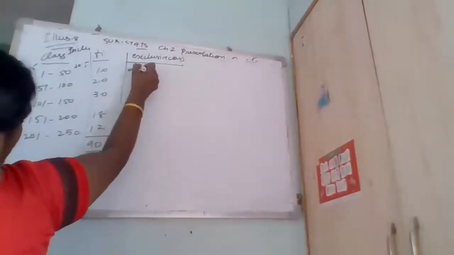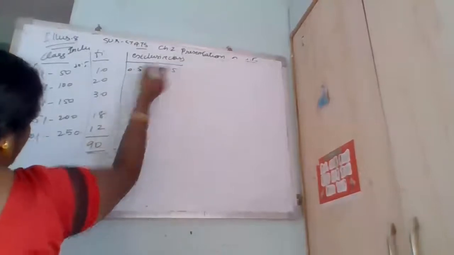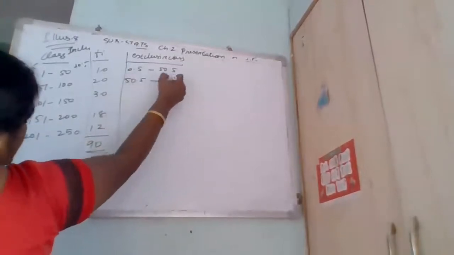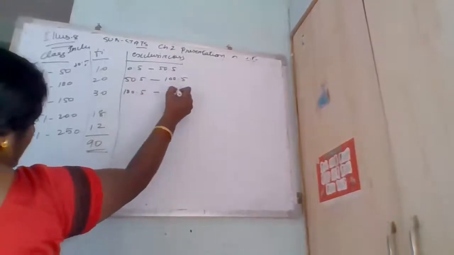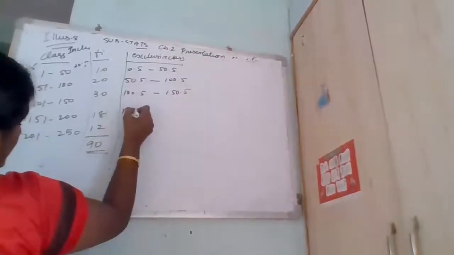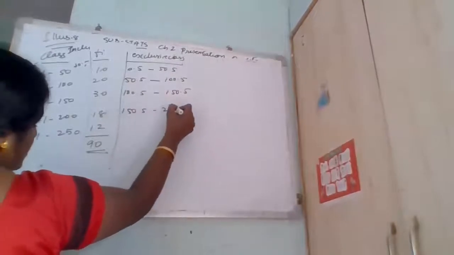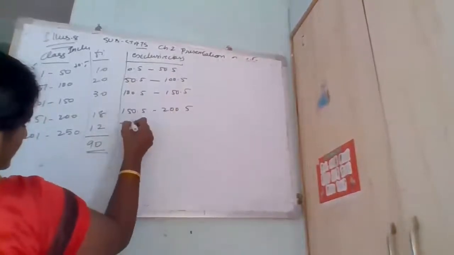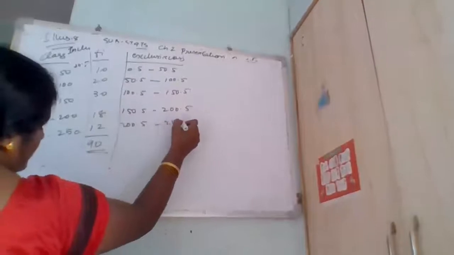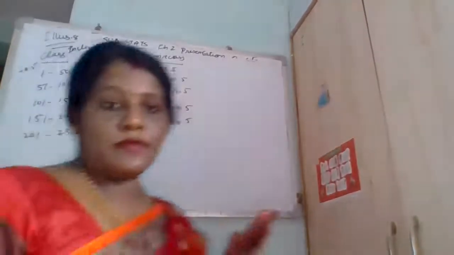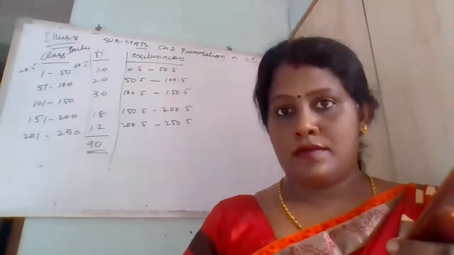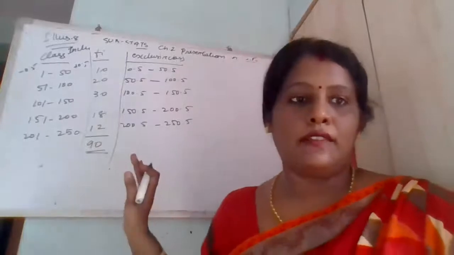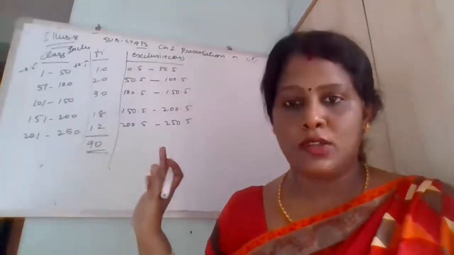So 0.5 to 50.5, 50.5 to 100.5, 100.5 to 150.5, 150.5 to 200.5. So this is how I have converted inclusive class into exclusive class, right?